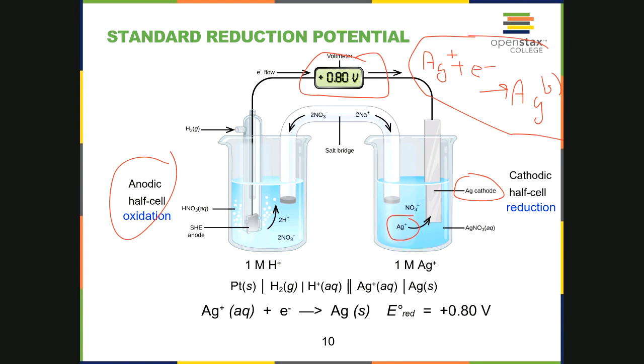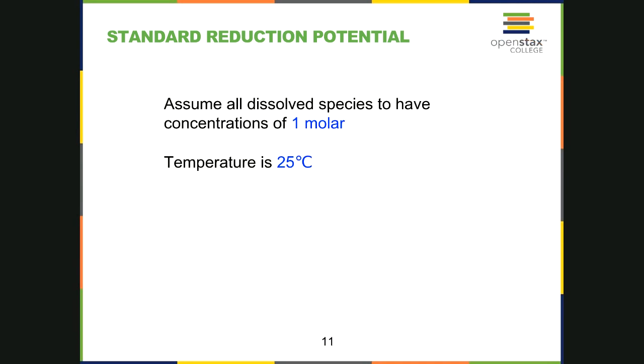And again, we've got this written out in the shorthand version. Now, for this to work, we've got a couple of things that we have to consider. And that is, this is only true if the concentrations of the cations that are involved is 1 molar and that the temperature we're doing this at is 25 degrees C.